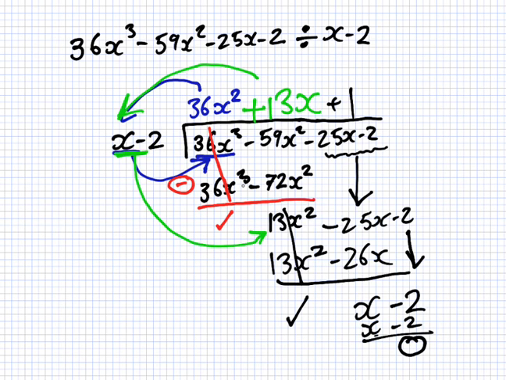Oh, it's my handwriting. Sorry. How did I get the 72? 36 multiplied by 2. The 36x squared multiplied by the minus 2. I'll do another example, because I know this is difficult.